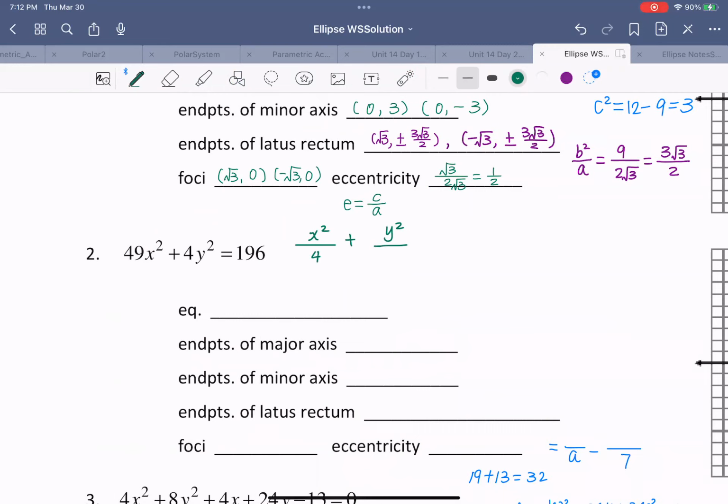Plus, 49. Good job. Equals 1. Who is greater? This guy is greater, right? I want to put this in front, okay? Because this time your major direction is in the y-axis, yes?